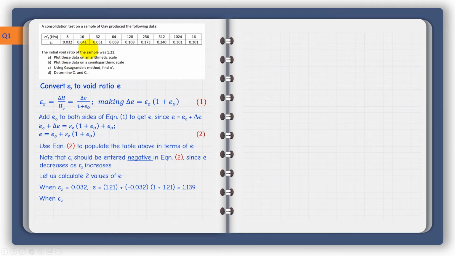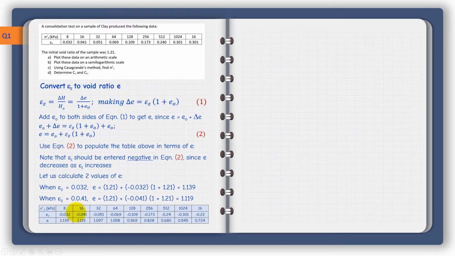We repeat it for the second value of 0.041, and also it has to be substituted negative here, and this will give us the second value, 1.119. Then we continue with the rest of the table, and this is a vertical strain here, not epsilon Z.